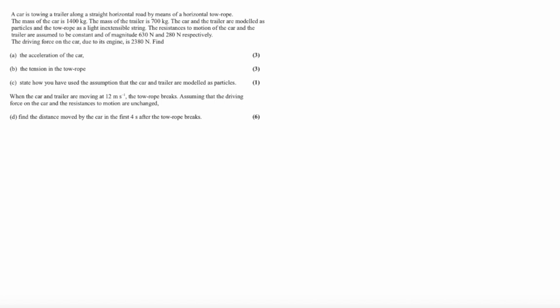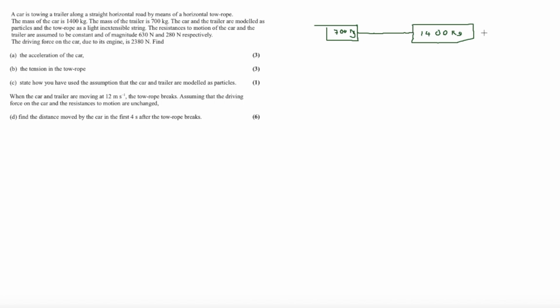First of all, let's draw a picture to depict this information. So we have a car here of 1,400 kilograms, that is the mass, sorry. And then we have a trailer of 700 kilograms here. Then we've got this tow rope between them.